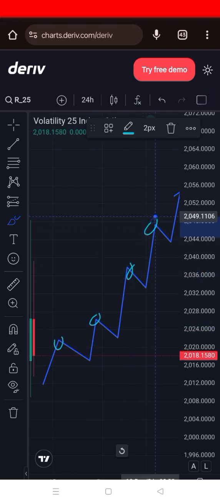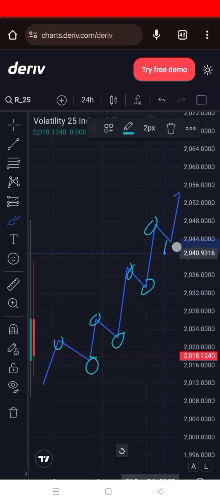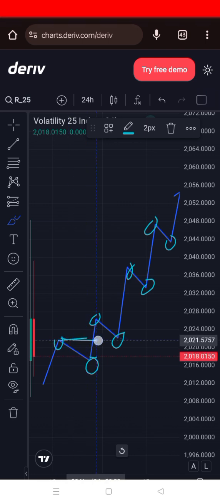You can see the higher highs and the higher lows. Whenever you see a market moving in the up direction, what does it mean? It's creating the BOS, the break of structure, at that point, and then the next point it has created a BOS, and after that point again a BOS.